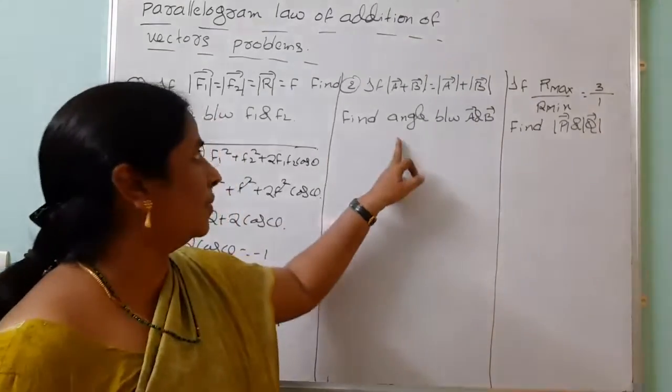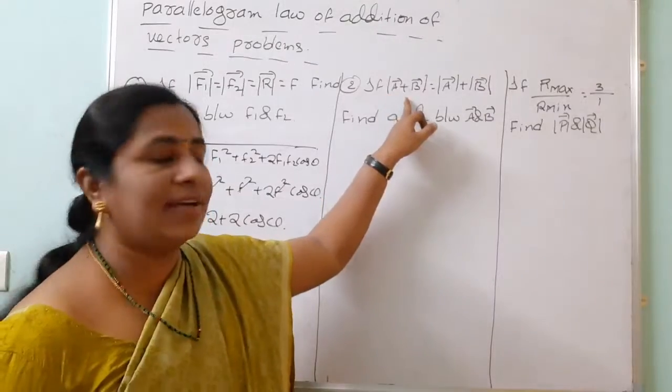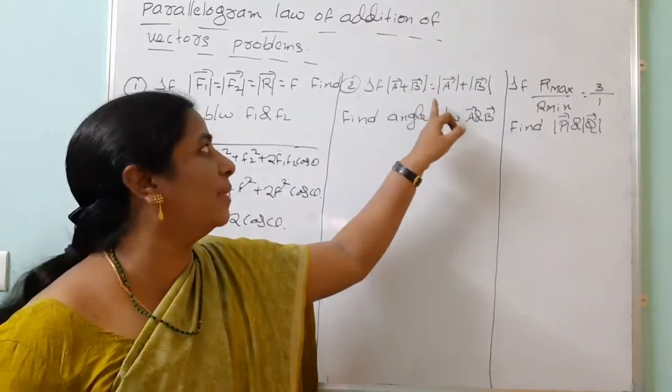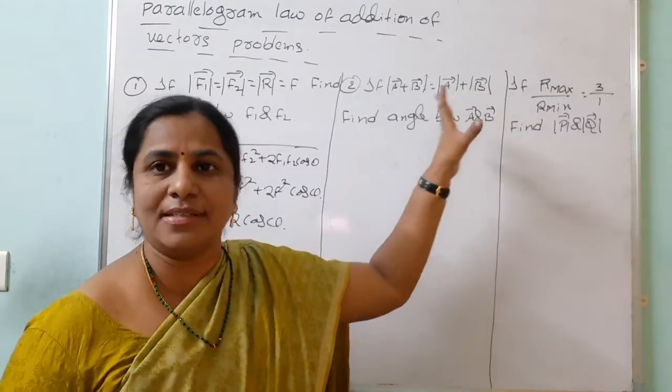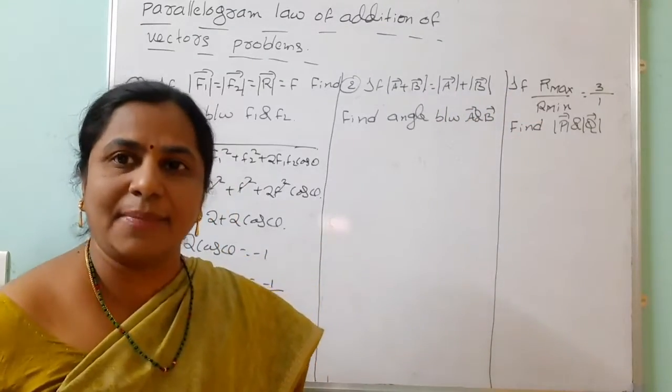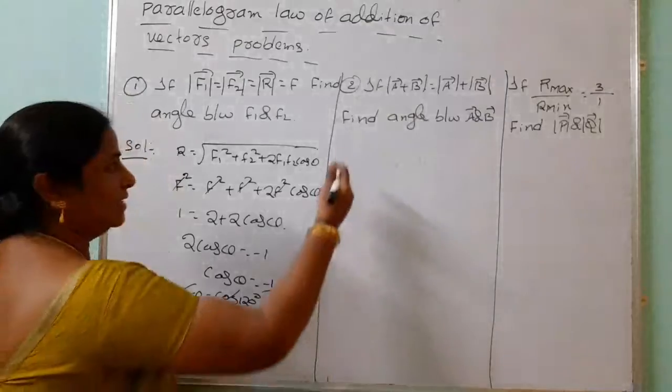Then one more problem, a simple problem. The given data is mod of A bar plus B bar equals mod of A bar plus mod of B bar. Find the angle between A bar and B bar. How to find out in this case? Look here.